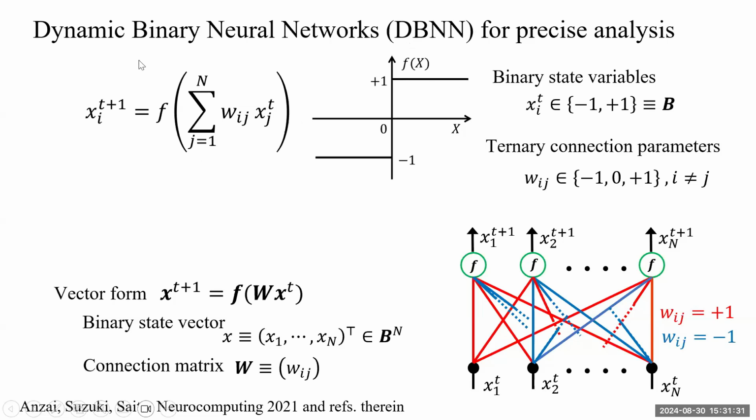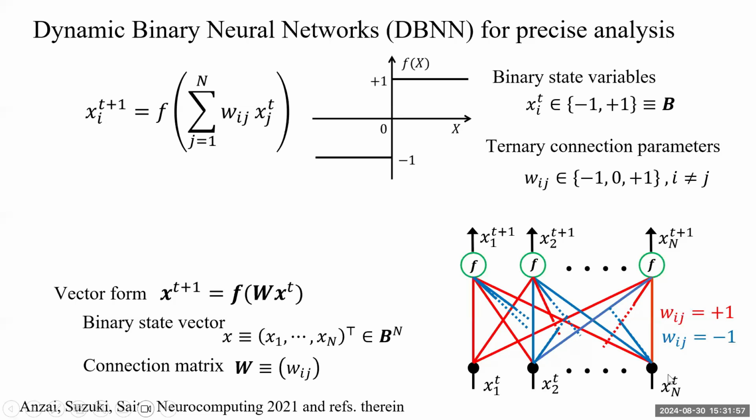Here, the difference equation is similar, but the activation function is binary. In this case, the state variables are binary. Here, x is a binary state variable at discrete time t. And also, the connection parameters are ternary. This is the diagram.